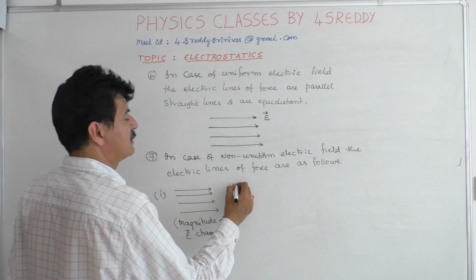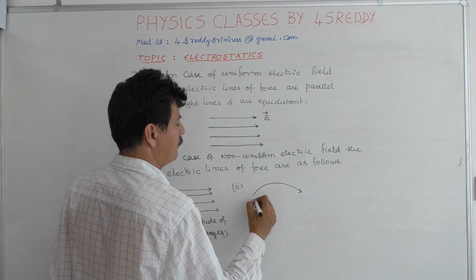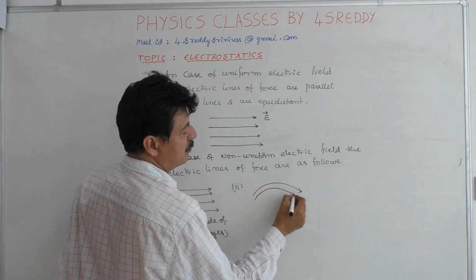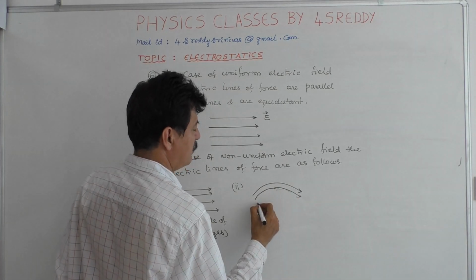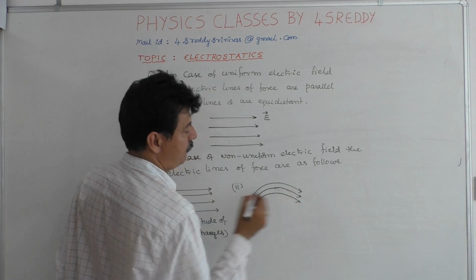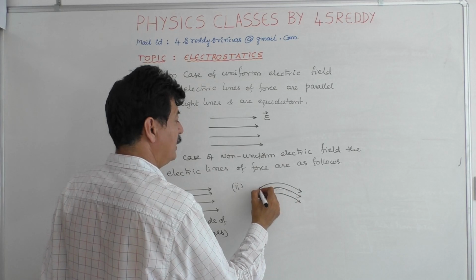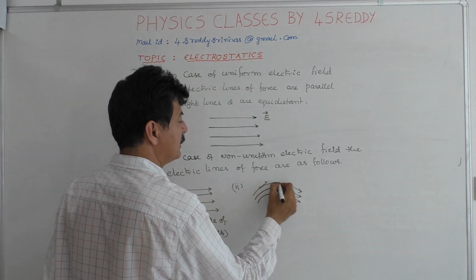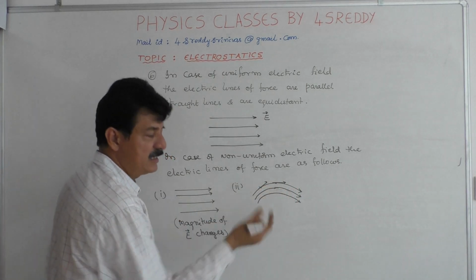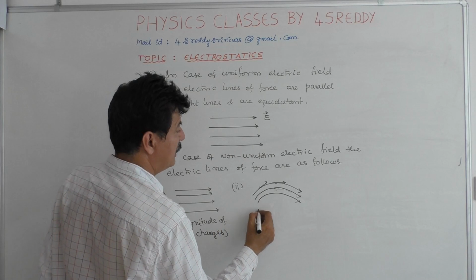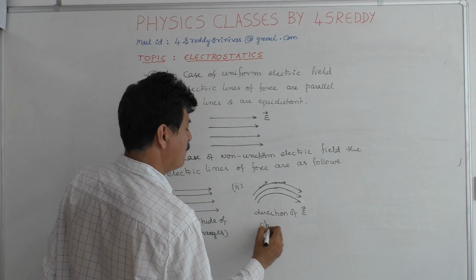In the second case, if you observe this, at every point the direction of the field is changing, but the spacing is the same. So here the direction of E bar changes.